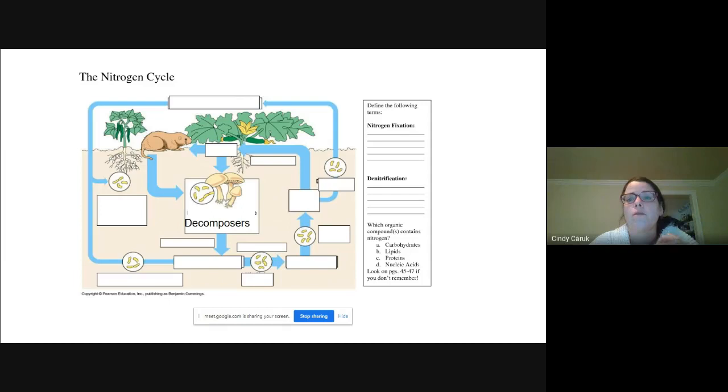Here you're taking it from a gas and turning it into ammonia. And then denitrification is actually the opposite. So you're going to take it from nitrate form in the soil and turn it back into a gas. Okay? And we're going to be using this in our proteins, in our nucleic acids.